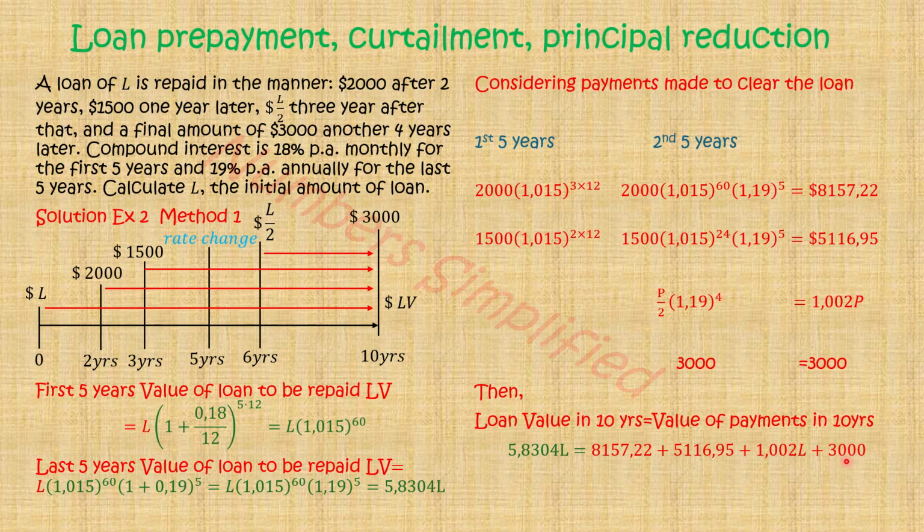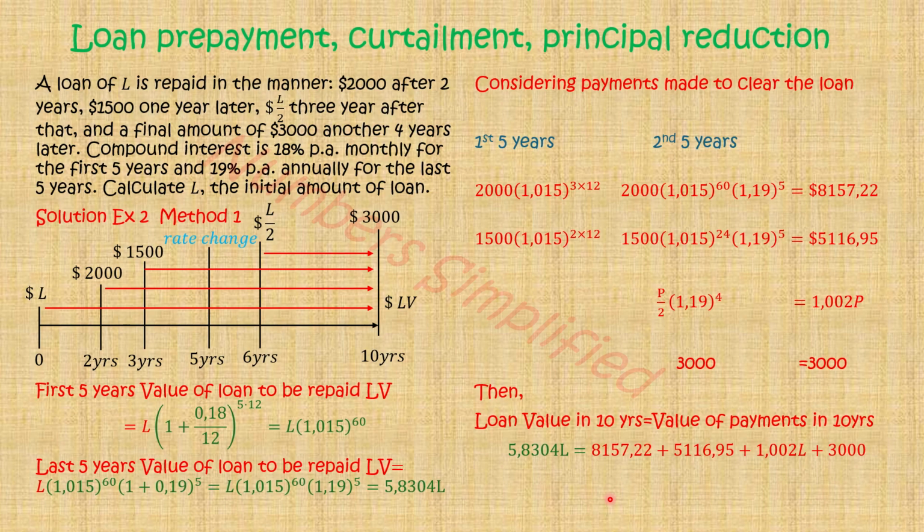These payments are going to have a certain value at the end of 10 years because they also accrued some interest. So we have the first, the second, the third, and the fourth payment. That is what would give us the value of the loan at that particular time in 10 years.